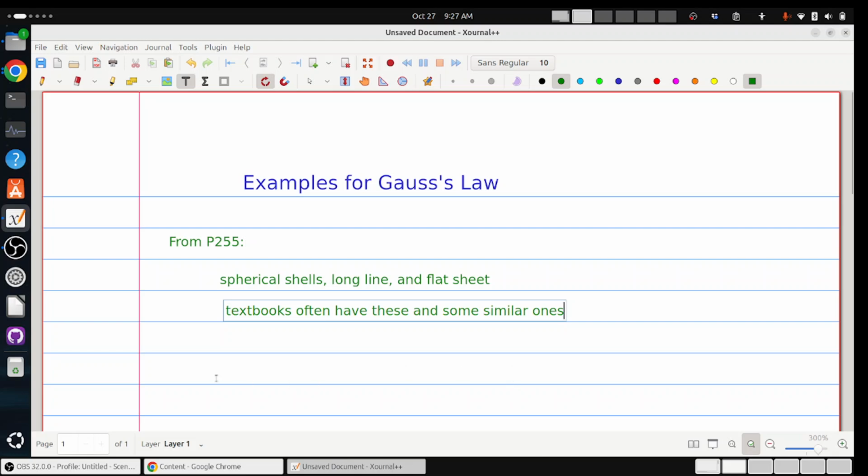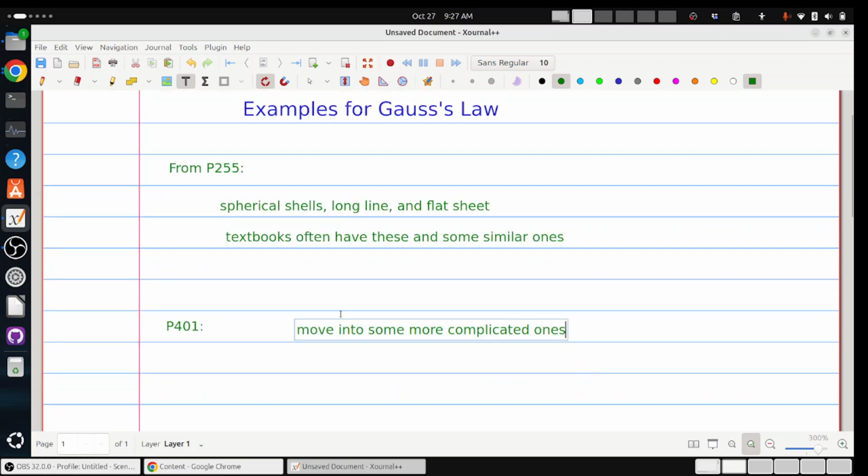What we want to do here, though, for our P401 is move into some more complicated ones. We'll talk about this in a little bit more detail, but in specific, because of the math that we have available to us, we can deal with non-uniform charge densities.